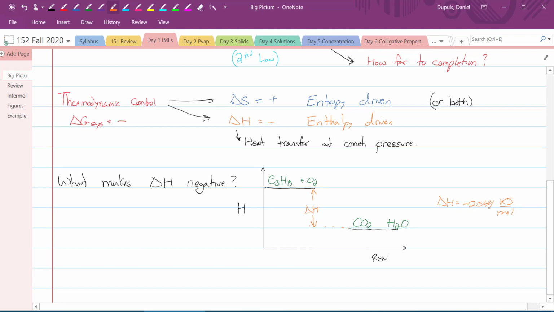Sorry about that. All right, so what makes delta H negative turns out to be a more stable arrangement of electrons. How they're put together, right? Think of it this way: deck of cards. You could build a house of cards, and they might stay there for a minute.